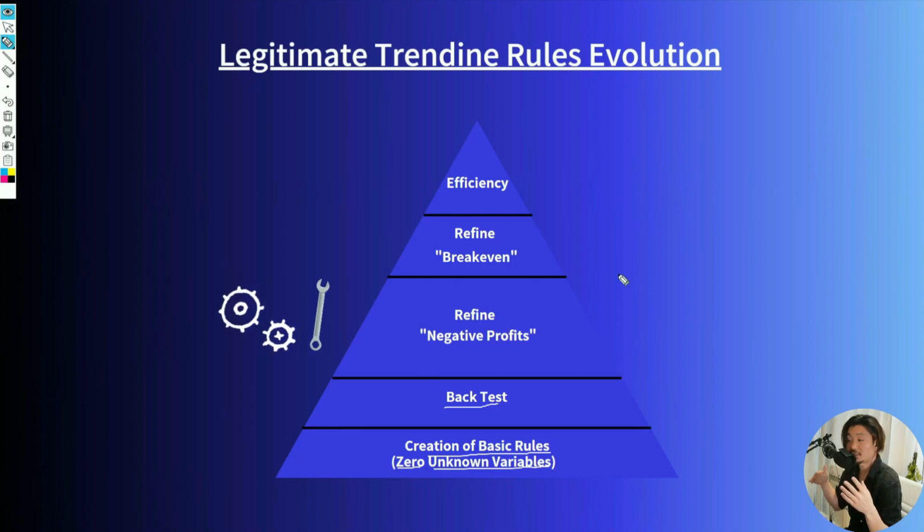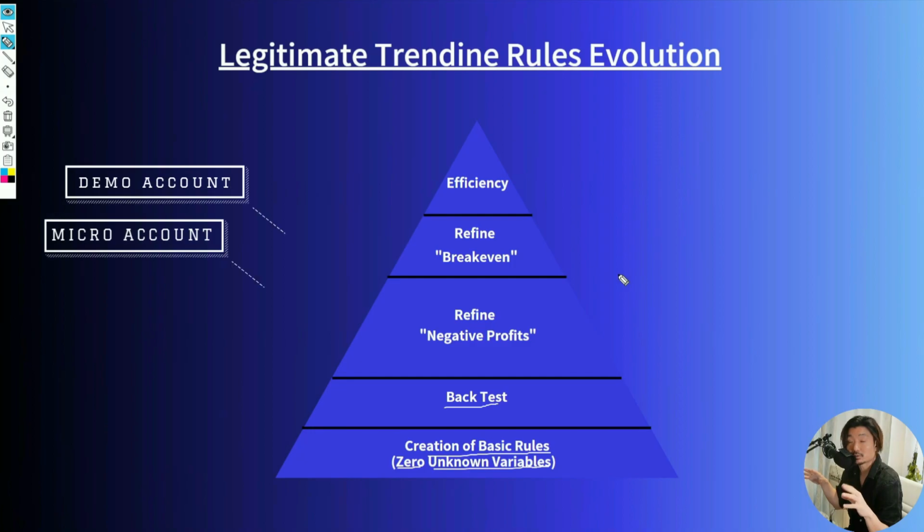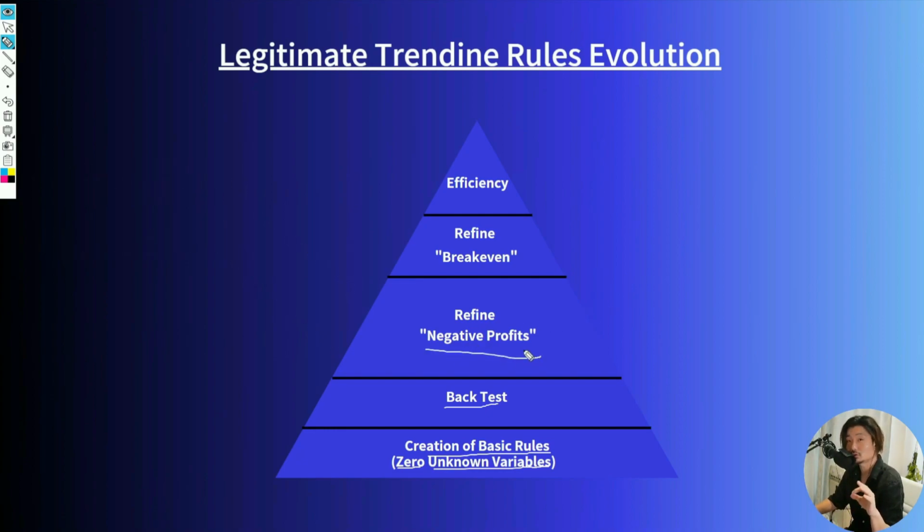Now this is the phase in which we start using our trendline strategy on real-time price data. Okay, so we want to start seeing whether our trendline strategy can accurately gauge the future long and short strengths. Okay. And at this phase still, you could use a demo account, or you can use a real account, but you want to use a micro account because again, this is a negative profits phase and you will lose money.